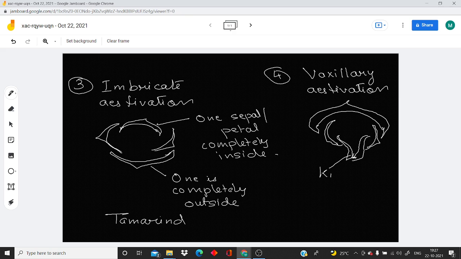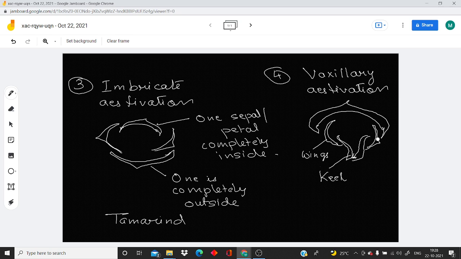Now these small petals which are completely inside will be called the keel. Sorry, keel. I have spelled it wrong. This is called keel, and these two which are inside and outside, the twisted ones, will be called wings, a little bit bigger. The keel is very small and completely inside.